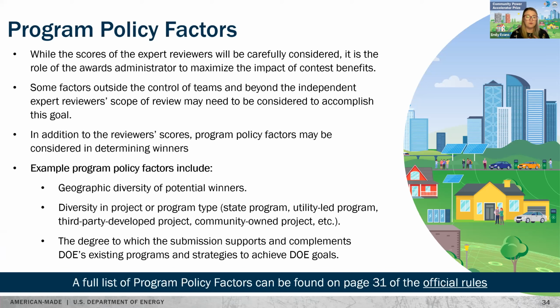The diversity in the project or the program type. Is it different types of programs? And then the degree to which the submission supports and complements DOE's existing programs and strategies to achieve DOE goals. I always like to highlight these because they can be a little bit buried in the rules, but I would encourage you to become familiar with the program policy factors that are listed on page 31, and let us know if you have any questions.